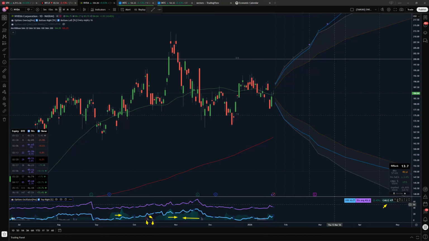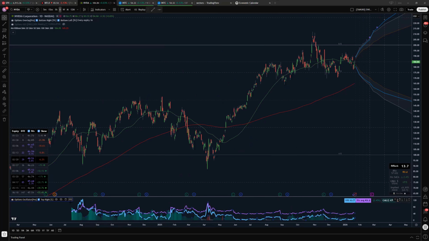If we zoom out from the chart, you will see that the first value started to be recorded back in July 2024. So before July 2024, you will see nothing. But since then, we started to record the pricing skew, the IVR and IVX. And these IVR and IVX values are exactly the same as you would see on the TanukiTrade platform.